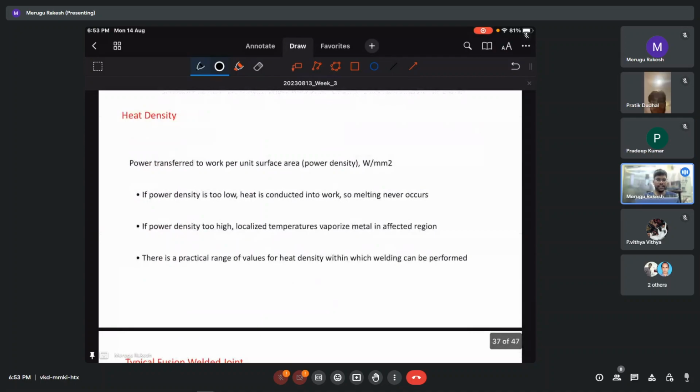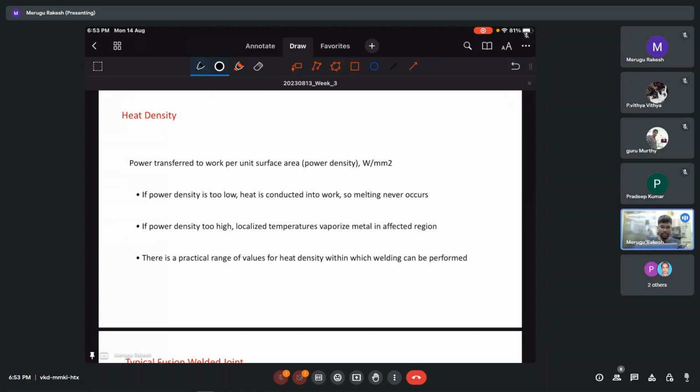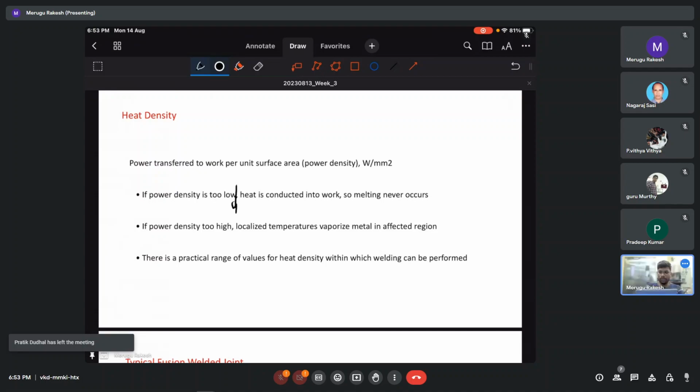This is the heat density, which is known as power transfer to work per unit surface area. If the power density is low, then melting never occurs. If the power density is higher, it can vaporize the metal itself. So we should use a practical range of heat density with which welding can be performed. This is about the heat density.